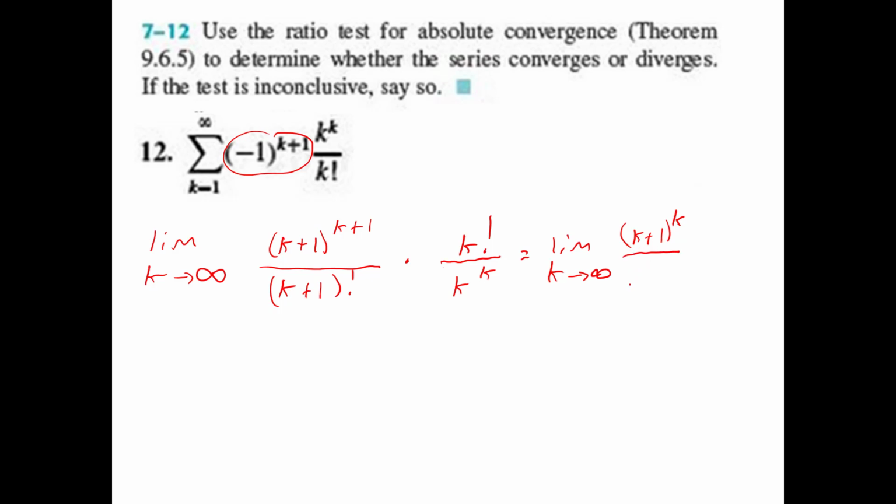So again, I did that kind of quickly last time because we've done this in class before. But what this is, k plus 1 times k times k minus 1, and we don't do that. We just write k factorial because there's a k factorial over here that we can cancel out.